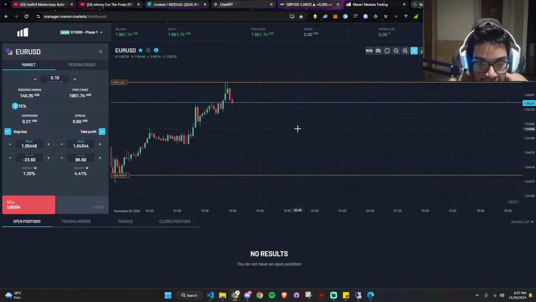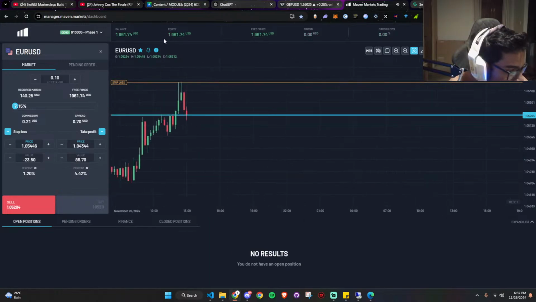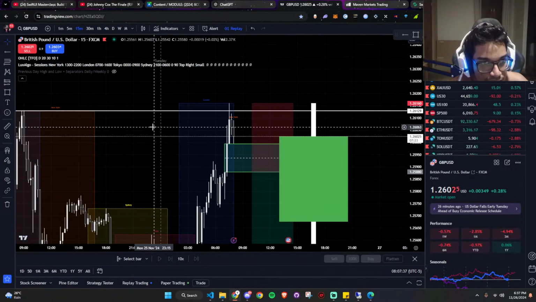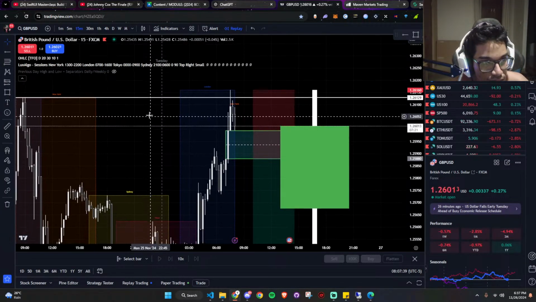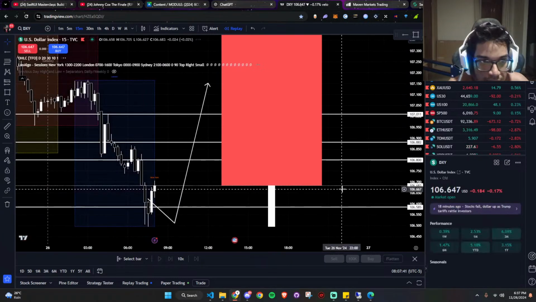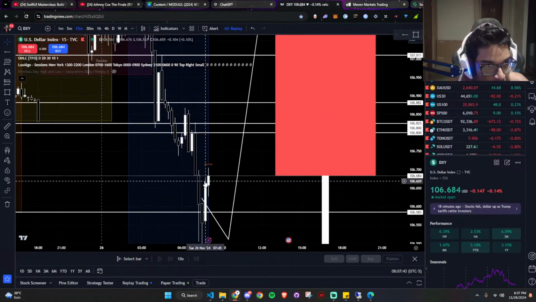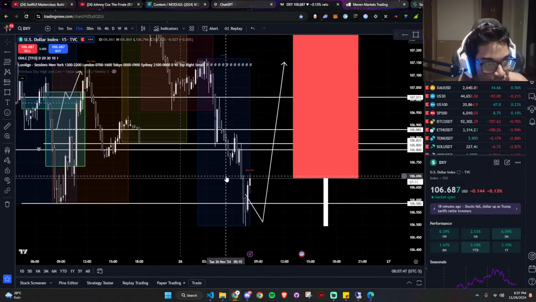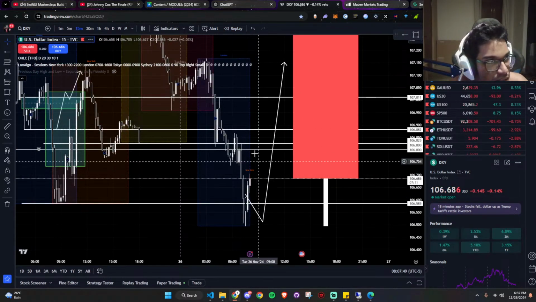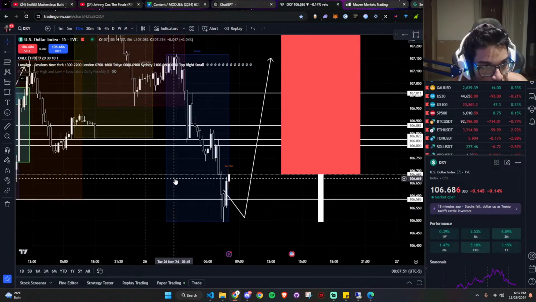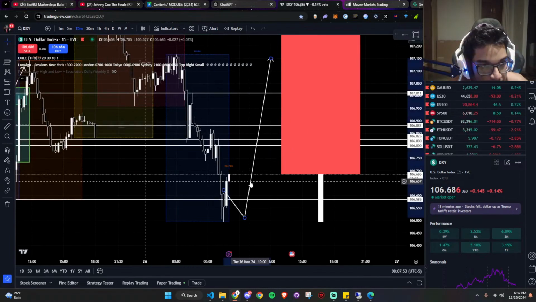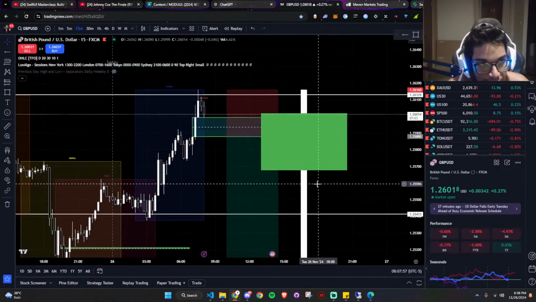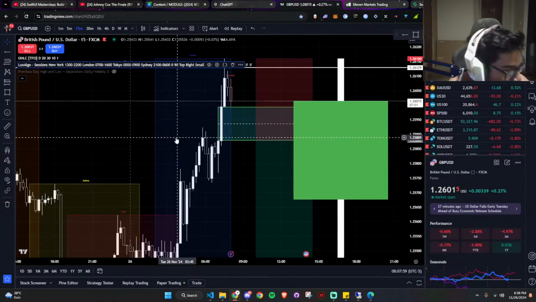I'm gonna partial this 0.71. That's okay. But otherwise, I would have lost a little more. Because there's still no certainty, and there's a whole lot of inverse value gaps in this range. We need either a higher high to be broken or a lower inverse value gap to get inversed.